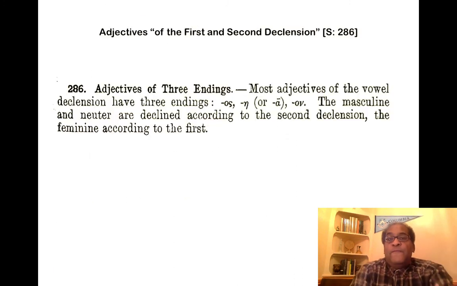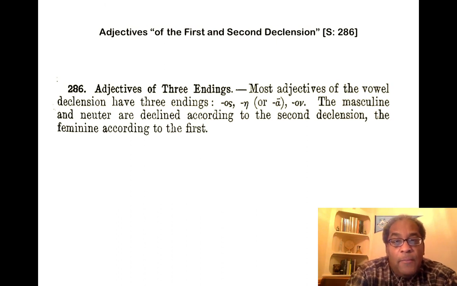Okay, so the first adjectives we're really going to focus in on are number 1, adjectives of 3 endings. And these are most of your adjectives. Most adjectives of the vowel declension have 3 endings: os, a, and on. The masculine and neuter are declined according to the second declension, and the feminine is declined according to the first.